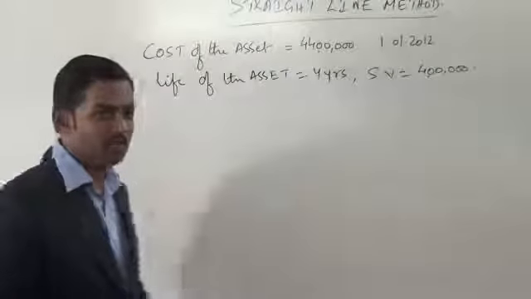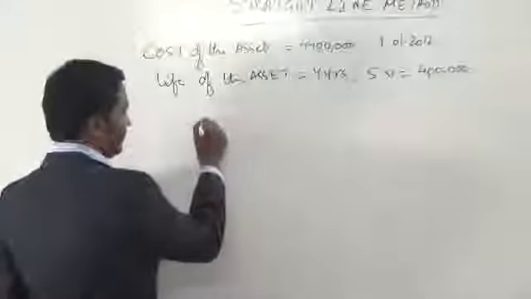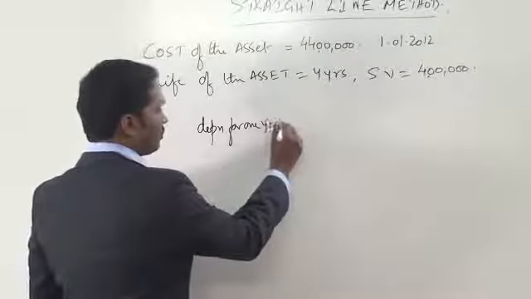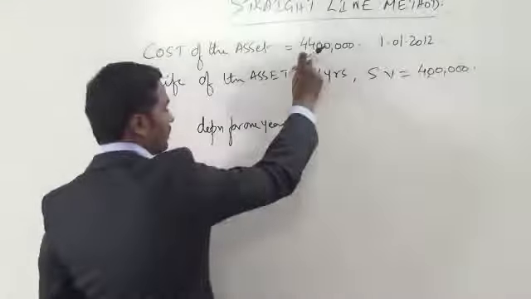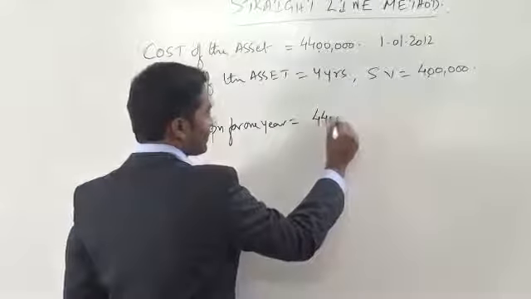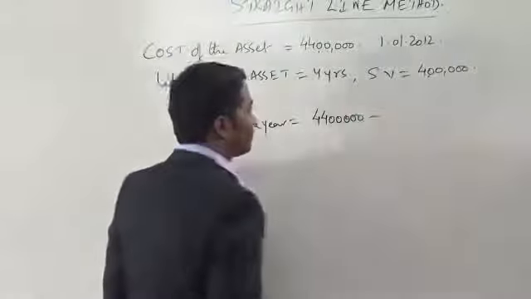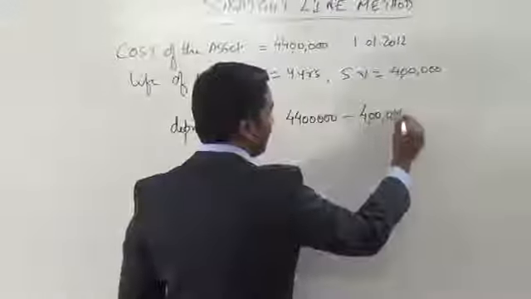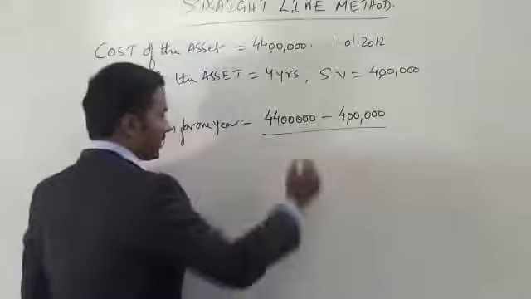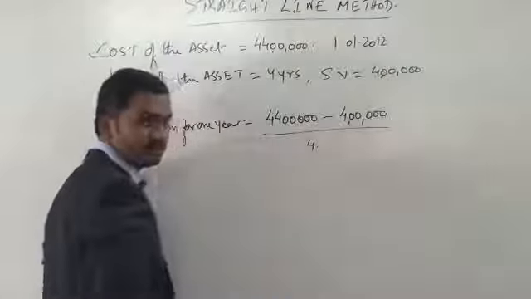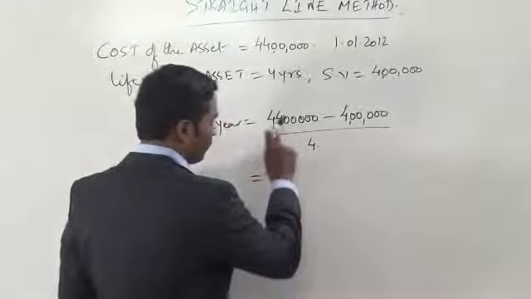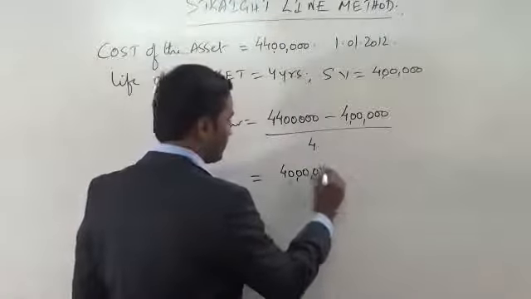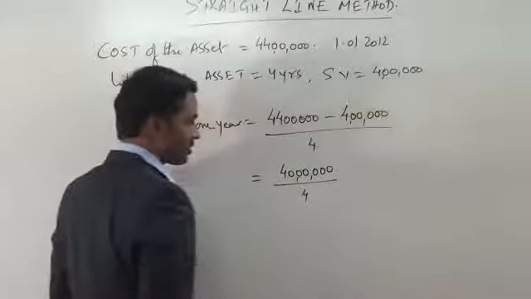I hope you remember the formula is depreciation for 1 year is equal to cost of acquisition 44 lakhs minus scrap value 4 lakhs divided by estimated life 4 years. So it will be 44 lakhs minus 4 lakhs. 40 lakhs is the depreciable value of the asset divided by 4 years.